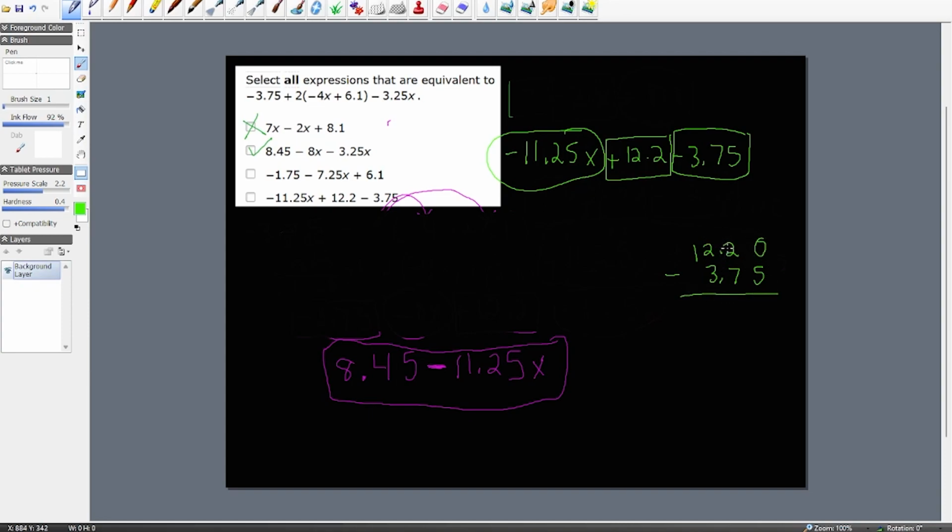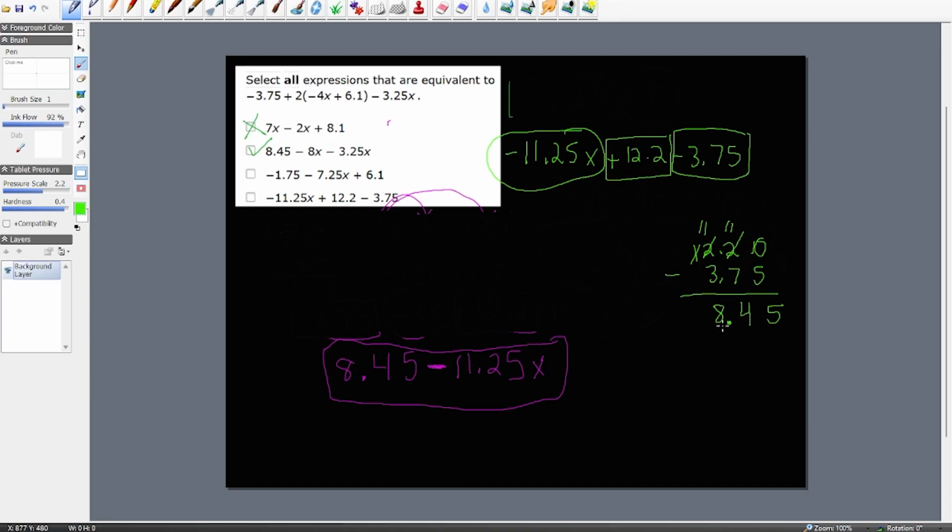When adding and subtracting, the important thing is just to align the decimals. 0 minus 5, you need to borrow. 10 minus 5 is 5. 1 minus 7, we need to borrow, so that becomes 11. 11 minus 7 is 4. There's our decimal. 1 minus 3, we'll need to borrow, becomes 11. 11 minus 3 is 8.